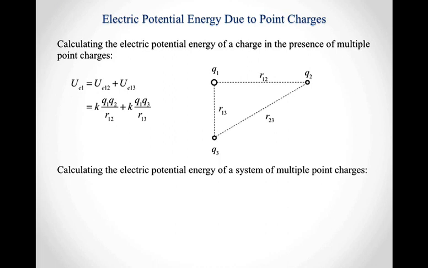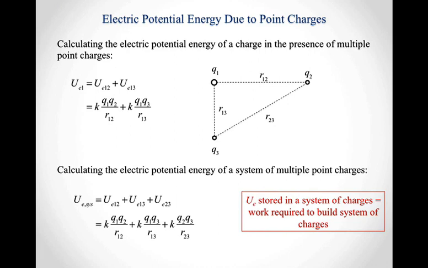But if I want to talk about my three-charge system, I also need to include the interaction between Q2 and Q3. So my system has three terms. One telling me what the electric potential energy is relative to the 0 point infinitely far away between 1 and 2. The second term between 1 and 3. The third term between 2 and 3. So including all my interactions lets me figure out what the net electric potential energy is of my system.